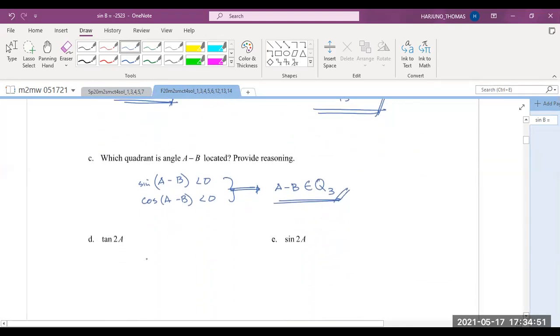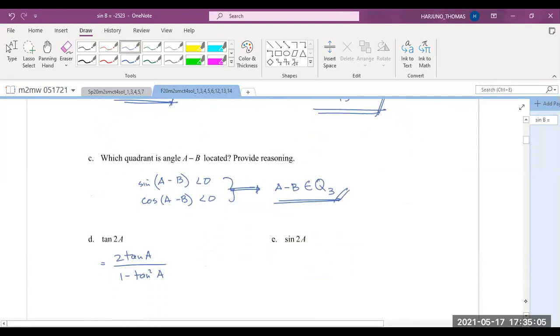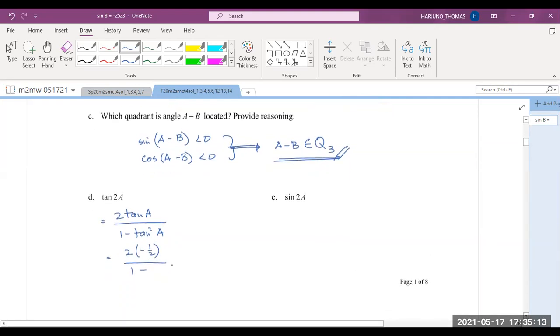How about tangent 2A? Tangent 2A is 2 times tangent A over 1 minus tangent squared A. What is tangent A, by the way? Negative 1/2. So this is 2 times negative 1/2 over 1 minus negative 1/2 squared.